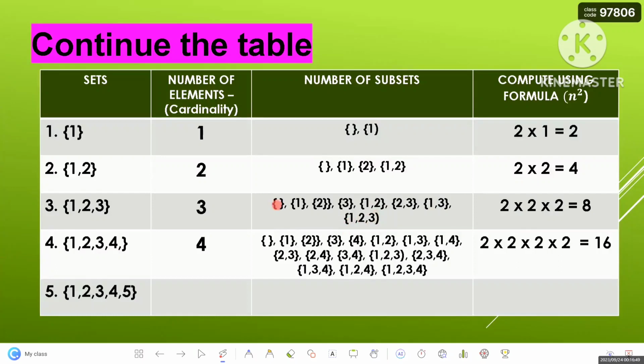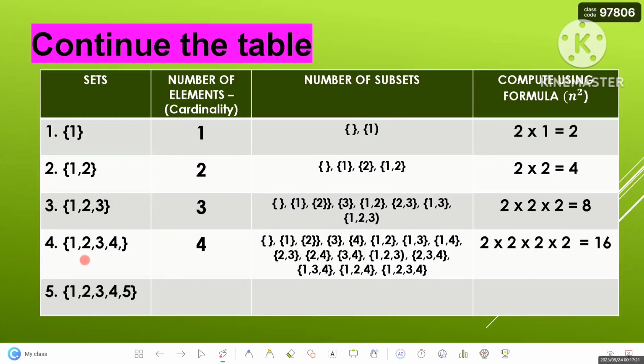Kung bibilangin natin, we have 1, 2, 3, 4, 5, 6, 7, and 8. So, bakit 8 siya? Dahil tatlo ito, tatlong beses natin imumultiply ang number 2. So, 2 times 2 times 2. 2 times 2, 4. Times 2, 8. So, that is correct. 8 ang subset, 8 din ang ating sagot.